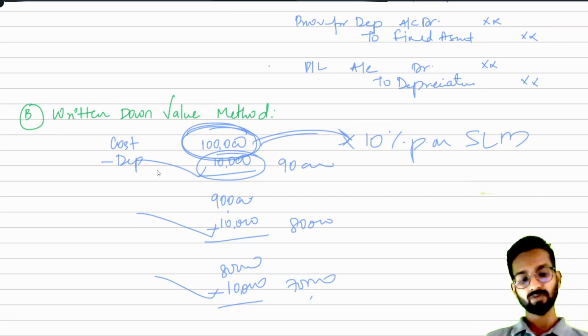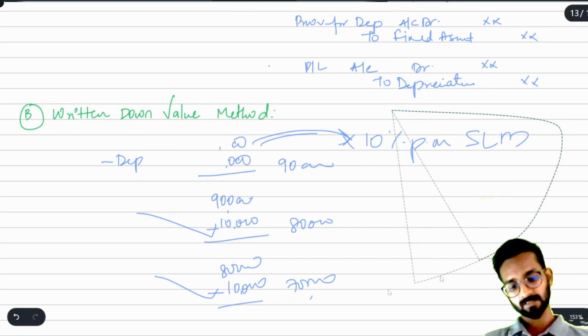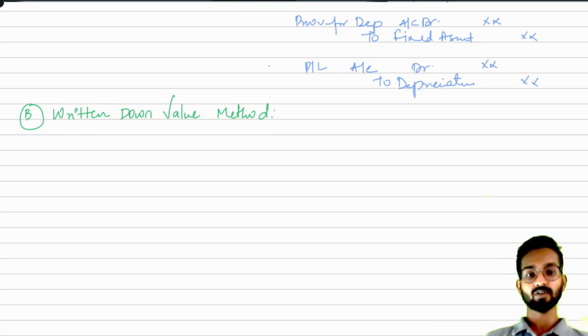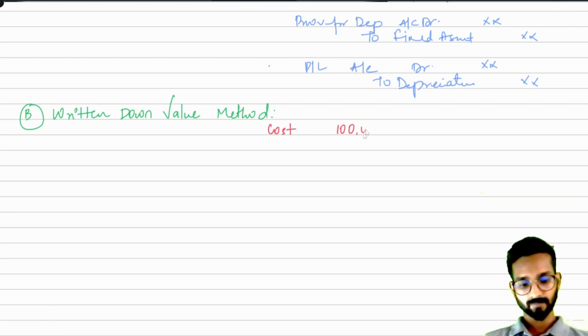What written down value teaches us? See, they tell us that you are not supposed to charge the depreciation on cost. You have to charge the depreciation on the value left. It means if my cost of machine is 1 lakh and the depreciation is 10,000, then what is the cost remaining? 90,000.